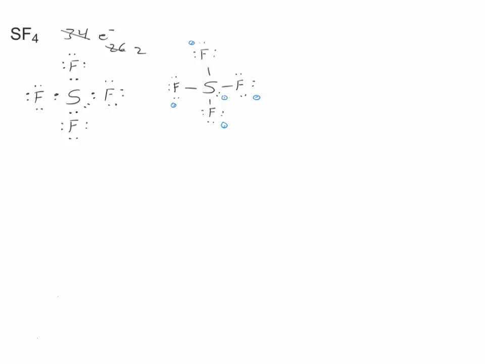Now, shape-wise, what is the shape that we have here? Around our central atom, sulfur, how many regions? Well, 1, 2, 3, 4, 5 now. So we have 5 regions around our central atom. And that means we are in the trigonal bipyramidal family of shapes.